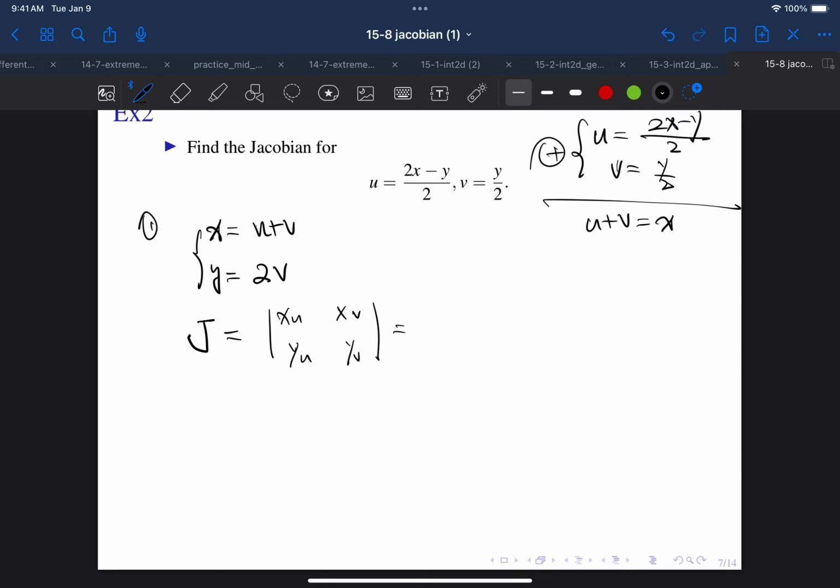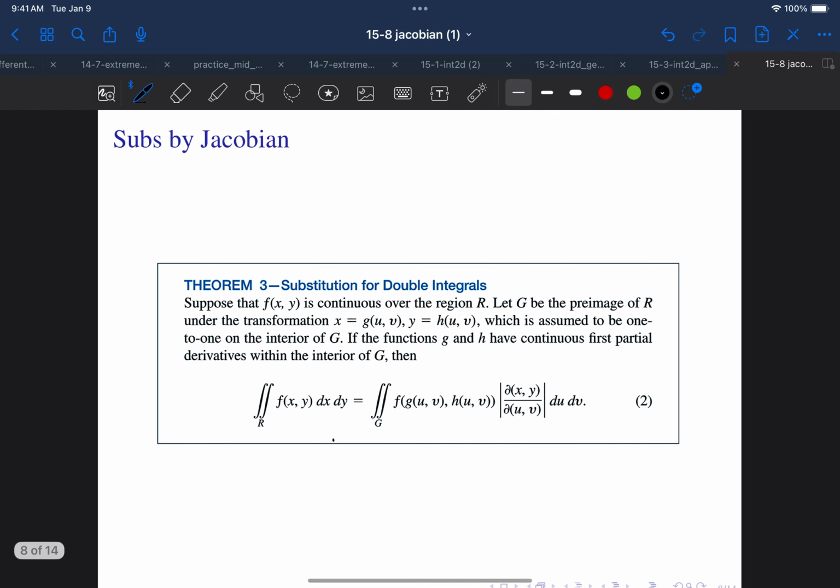So xu is 1, xv is 1, yu is basically 0 because there's no u, and yv is 2. So 1 times 2 minus 1 times 0 is 2. So this is the Jacobian. Now we look at how to use this Jacobian in the substitution rule.